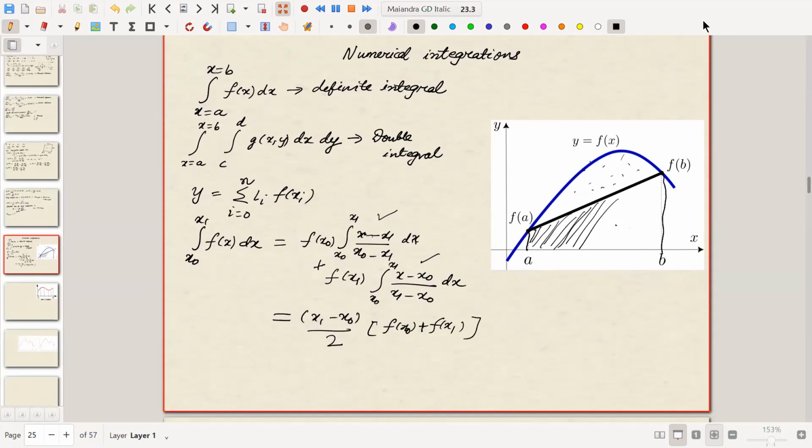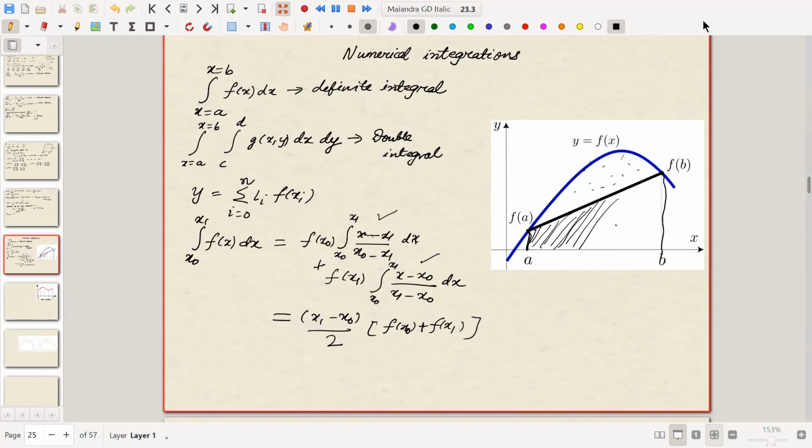Now, can you say what this is? Look carefully. x1 minus x0 is like b minus a here, right? And f(x), the addition of these heights, is like the area of a trapezoid. Even if you learned the area of a trapezoid in some class, 6th, 7th, 8th, you might have forgotten.